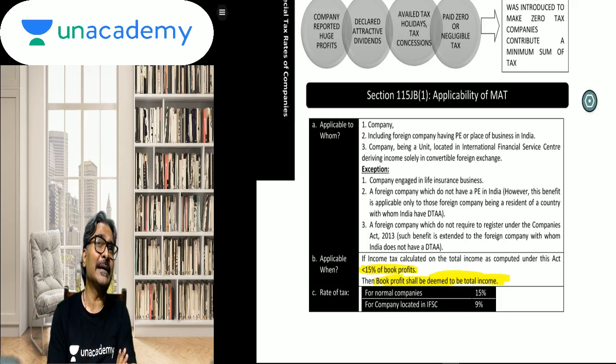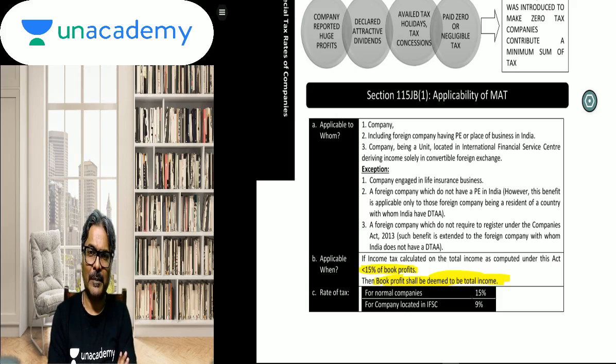to be at 18.5%, because that 15% of the normal tax rate is applicable only in the case of a company, not for an individual or a partnership firm kind of a person. So that is the reason why the AMT rate, being the minimum rate for the non-corporate, continues to be at 18.5%, whereas the MAT rate applicable to a company has been reduced to 15%.